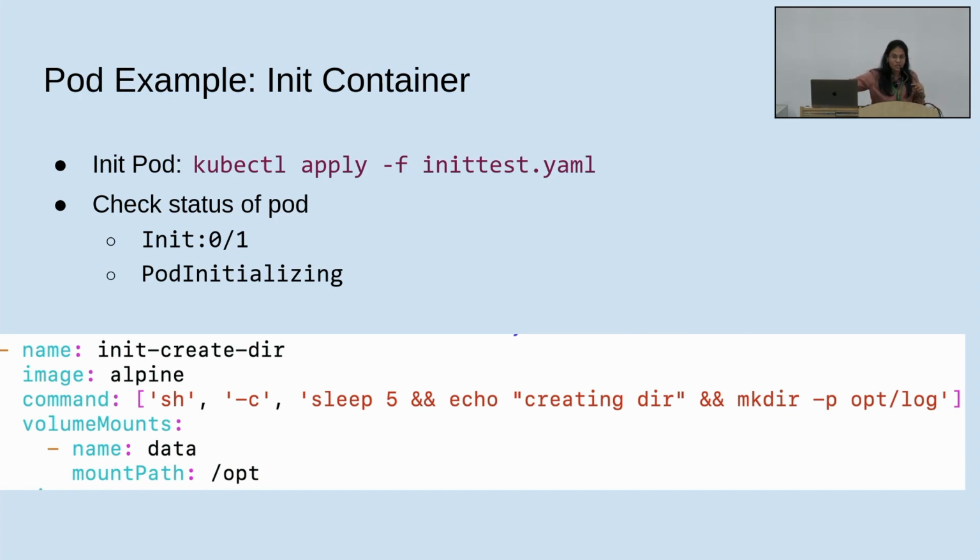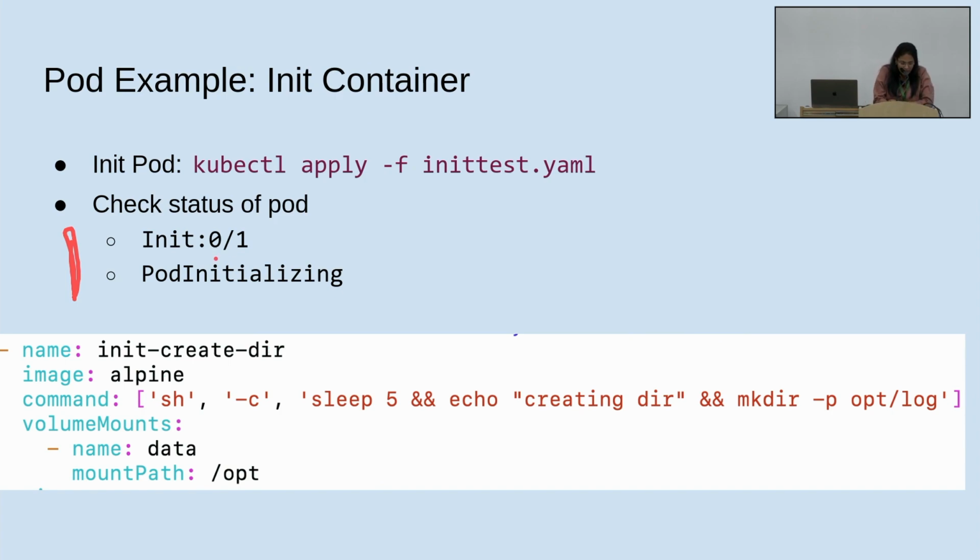Apply it, and once you apply it, immediately do kubectl get pods, and you will see the status of the pod that's coming up. And it's different from what you get when it's running. There is a slow process in which you will see different stages before starting the pod, because it's waiting for the init to be up.